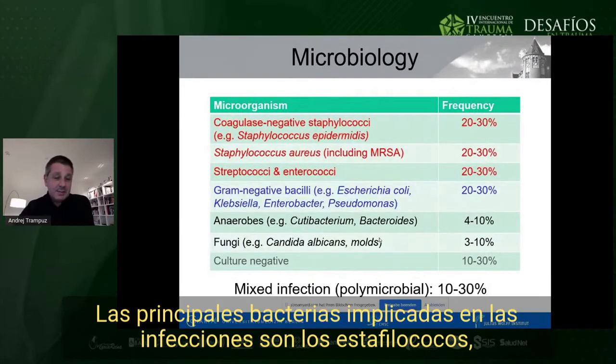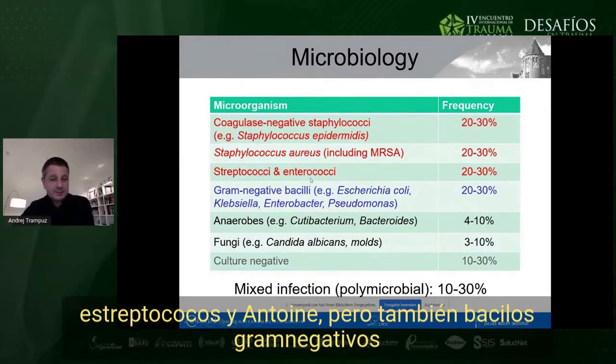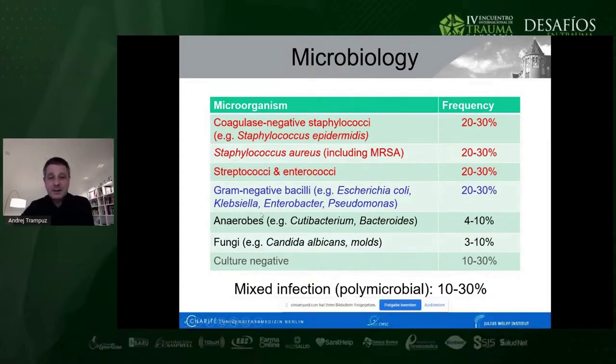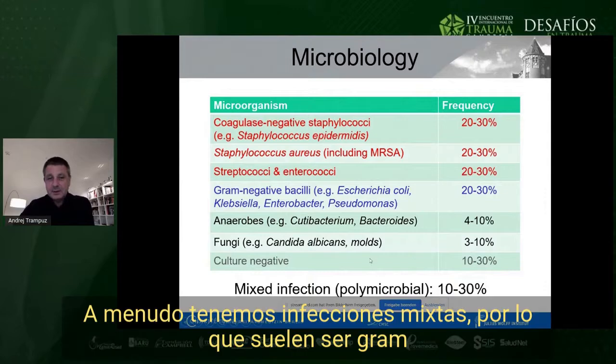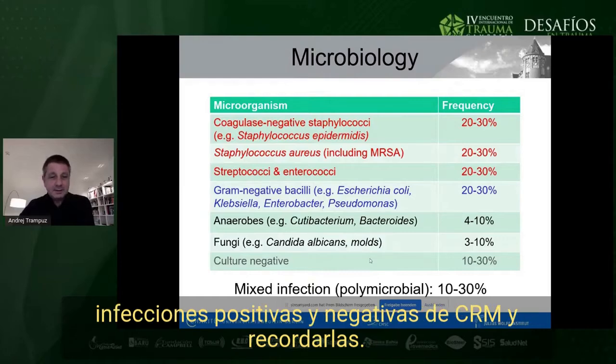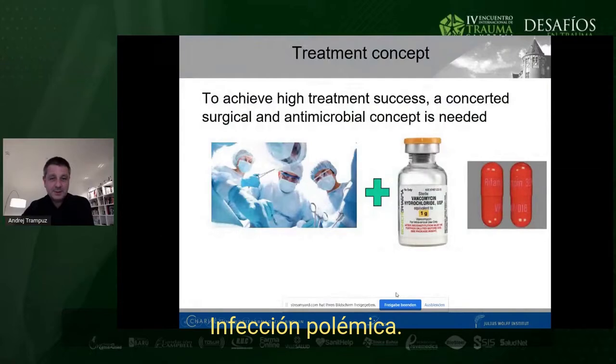The main bacteria involved in infections are Staphylococci, Streptococci, and Enterococci, but also gram-negative bacilli and fungi. Often we have mixed infections, so that there are usually gram-positive and gram-negative infections, and we call them polymicrobial infection.